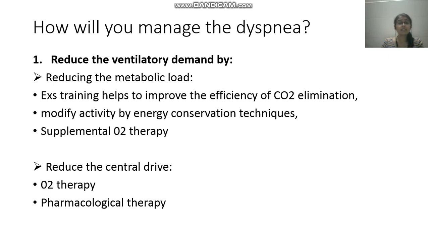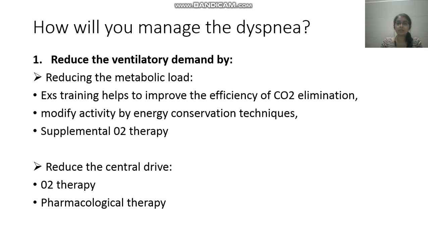But mostly these things are taken care of by your pharmacotherapy, which should always be followed with your physiotherapy exercises: the breathing exercises, inspiratory exercises, expiratory exercises, your postural drainage, the PDs, etc. We'll see how we use it.